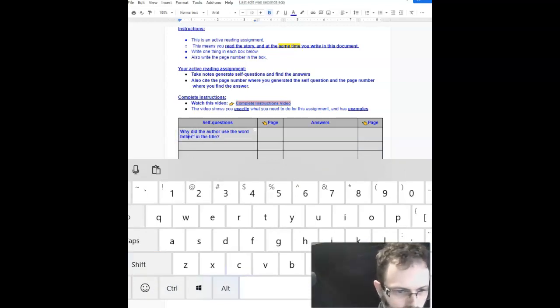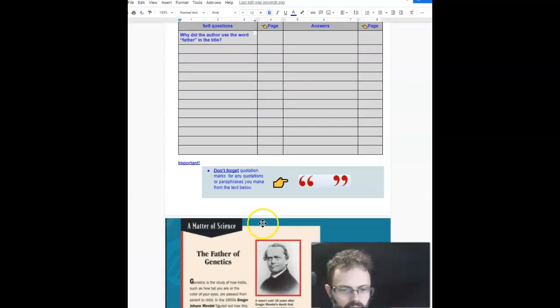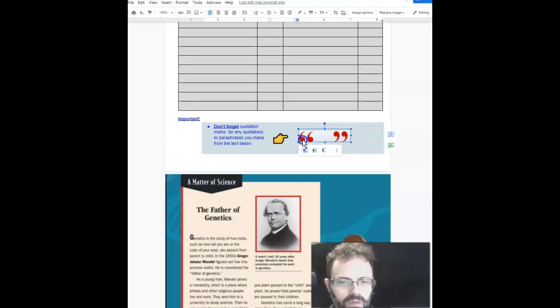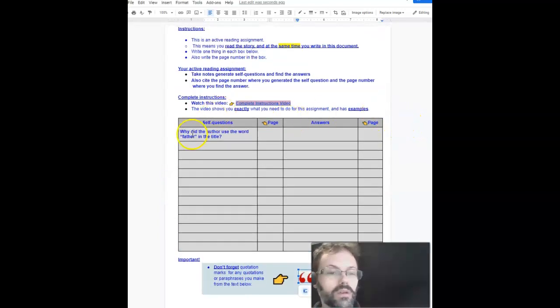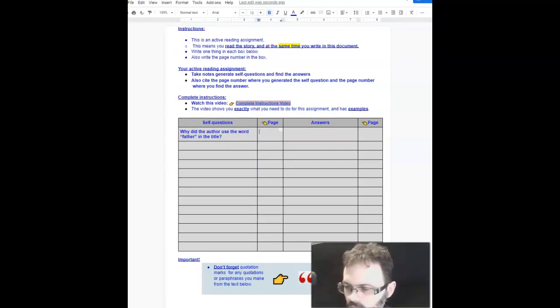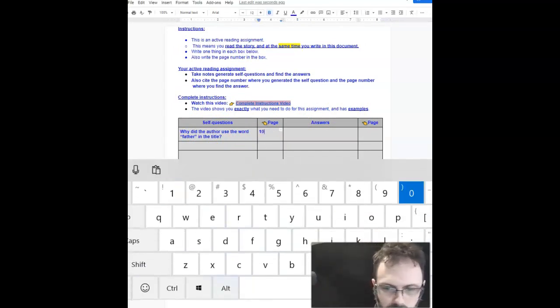Remember, when you use the words that the author used, you have to remember to use the quotation marks. The quotation marks are for anything that somebody else said that's not your words. So here you go. Why did the author use the word "father" in the title? That was page number 100.